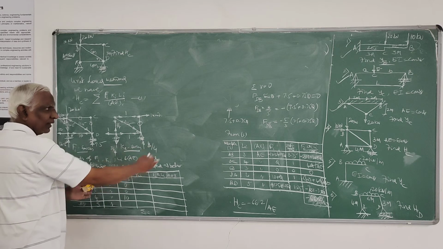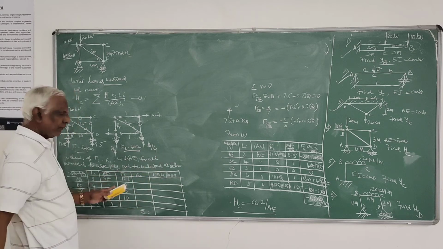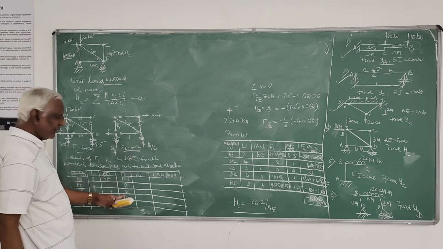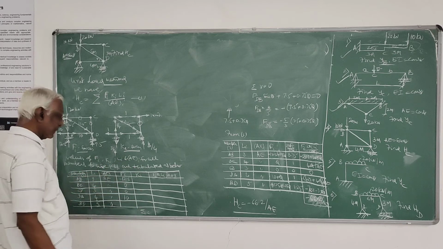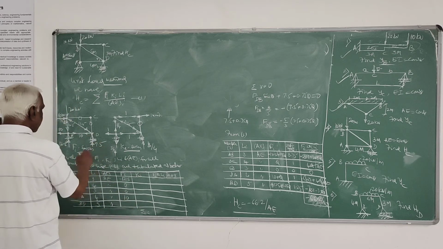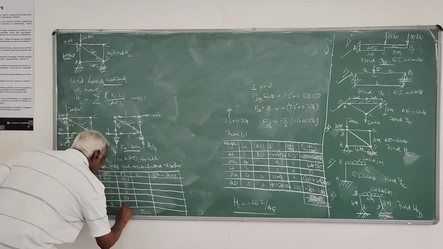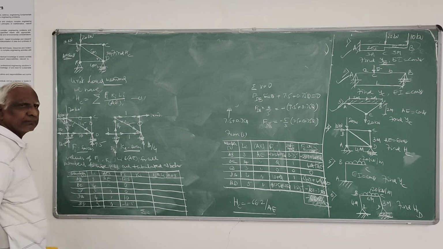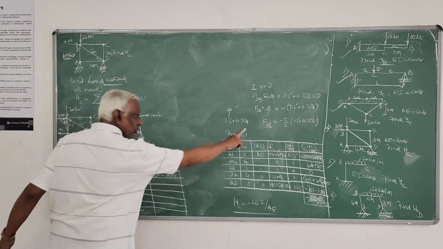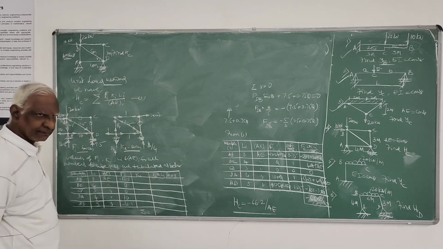This table you can always compare, because here it is unit load applied, so the value automatically, if at all it is there, will come. That is separate. So then BD, it is minus 12.5. There also minus 12.5. So these forces seem to be all right.